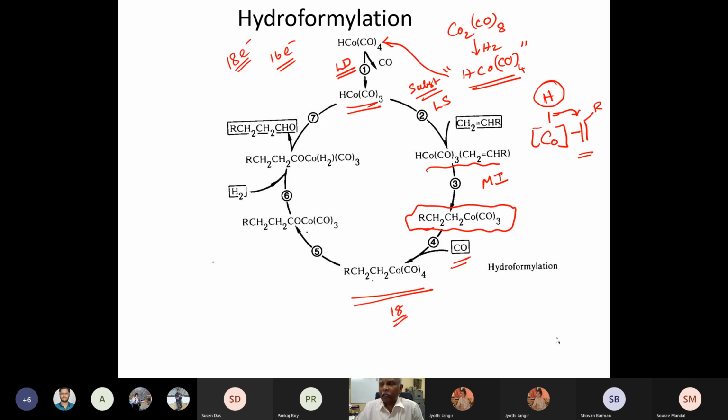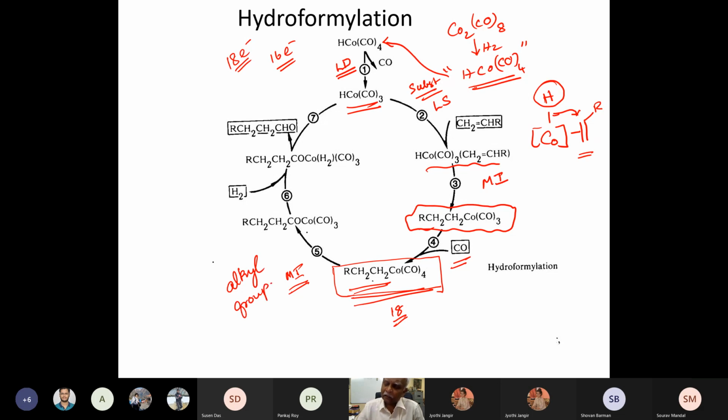16 electron and 18 electron intermediates are probably needed in every process that you can think of, and that is because these are the species which are identified through spectroscopic means. So this is the intermediate that you have, and this intermediate can again do a migratory insertion process. This time it is the alkyl group which migrates.